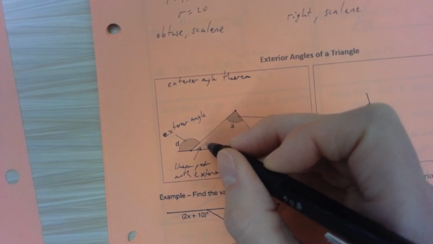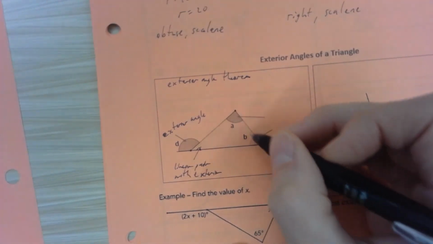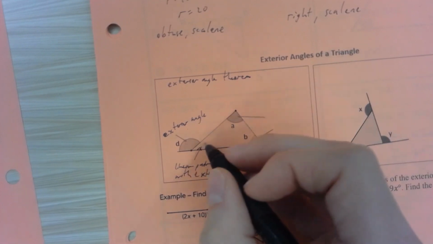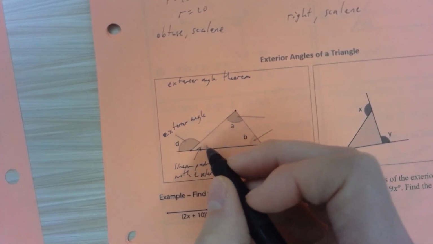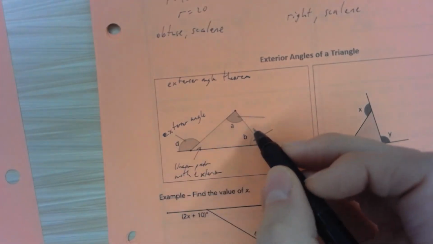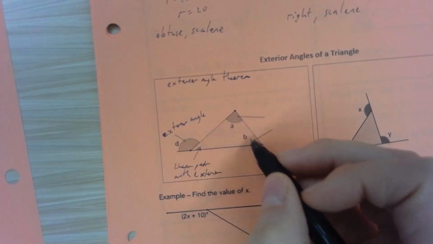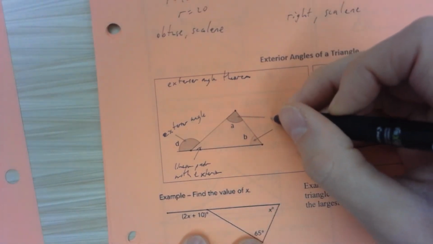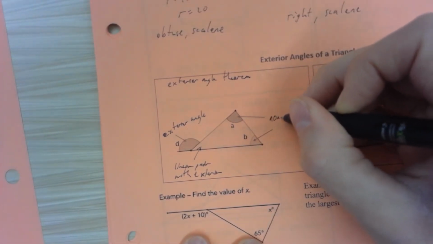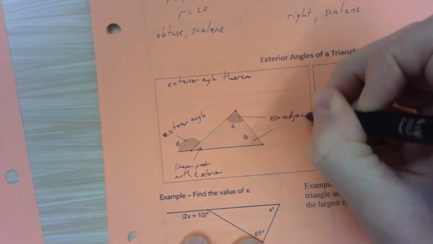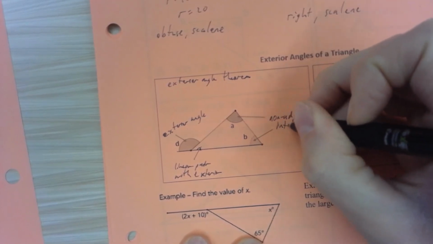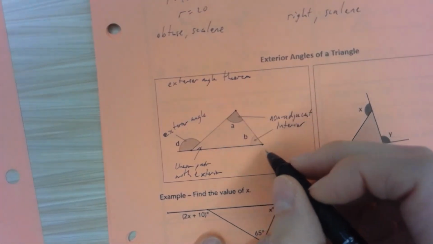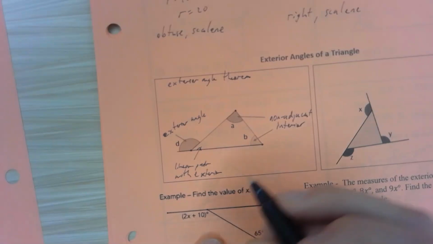Now this angle here also adds with those other two interior angles to add up to 180, which would mean if these add with that angle to get 180, and this adds with that to get 180, well then angle D and A plus B would have to be the same measure. So these two angles over here, we're going to refer to those as the non-adjacent interior angles. The non-adjacent interior angles, their measures add up to that exterior angle.